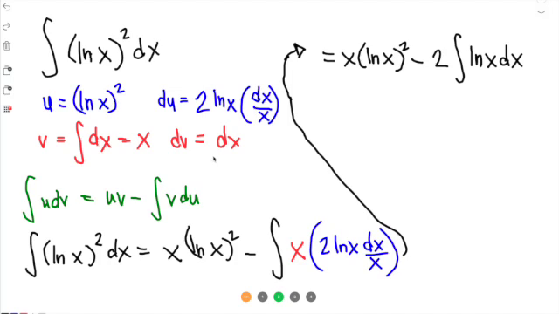You just have to learn from your mistakes and reverse your choice for U and DV. But in the test, you should have developed the skill enough to do integration by parts, and you do that by practicing. That's why we are giving out a lot of problem sets for you to practice, which I hope you are doing by yourself, so that when it comes to the assessments, you will do it at a quicker pace.